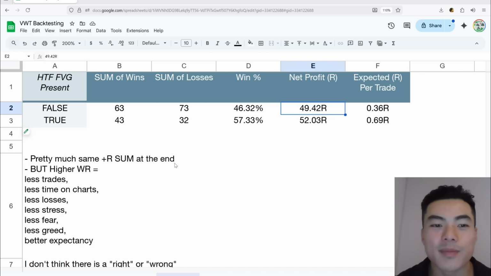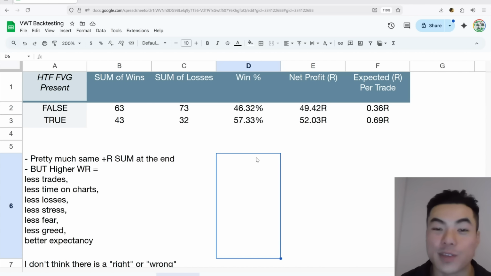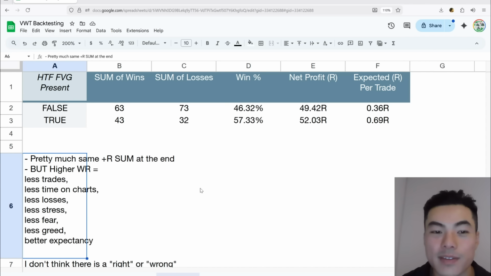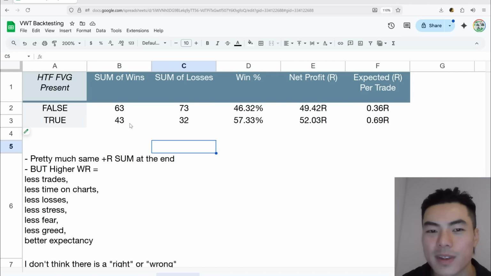So even though the net total profit at the end is pretty much the same, you do get a higher win rate, which means fewer trades across the same time span. If you just took every trade, it would be 211.